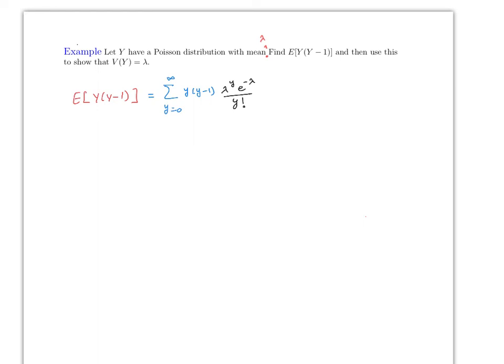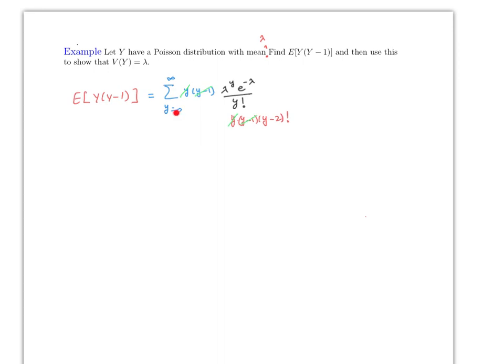Now we're going to do the same trick we did when I found the expected value in the previous pages. Remember that y factorial can be broken down as y times y minus 1 and then y minus 2 factorial. Why are we doing that? Because this will cancel this one and this will cancel that one.